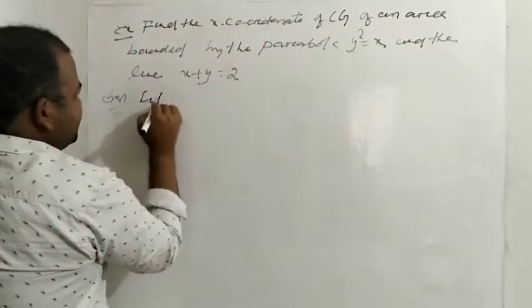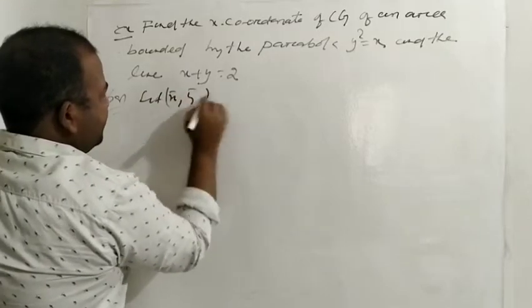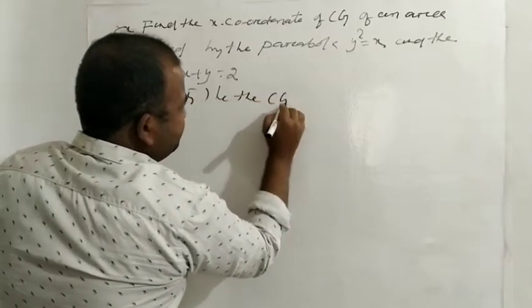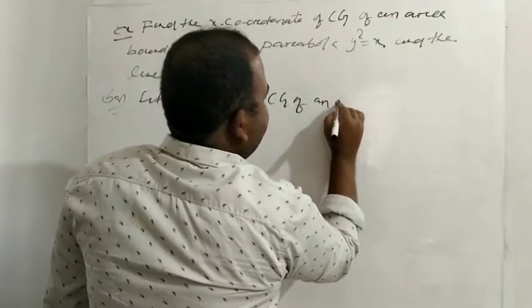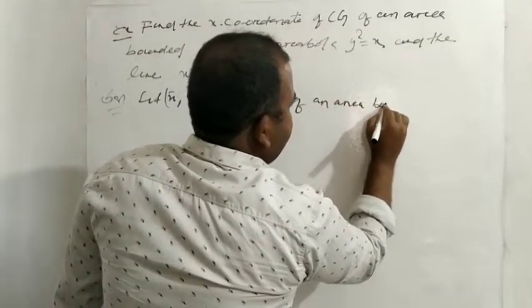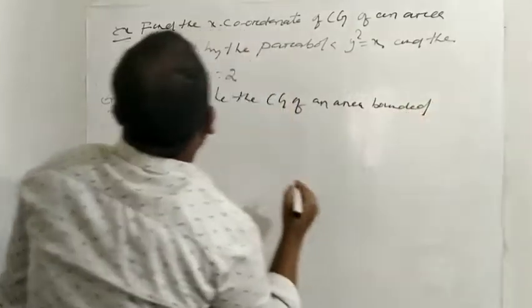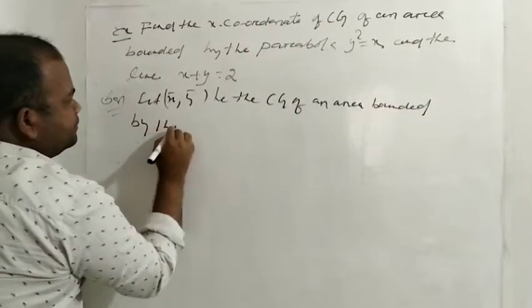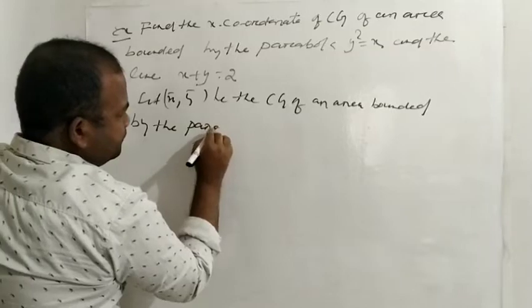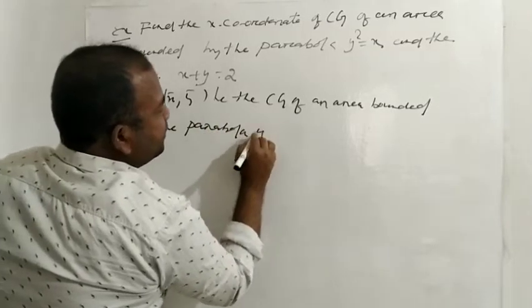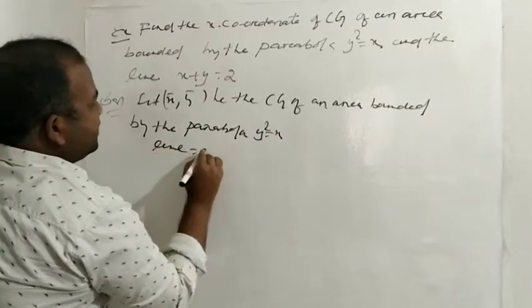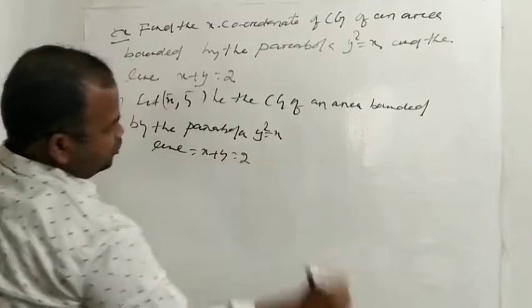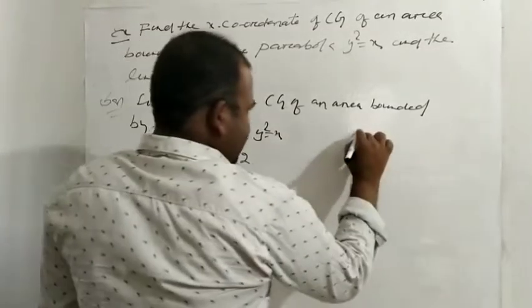Let x bar, y bar be the CG of the area bounded by the parabola y square equals x and the line x plus y equals 2. First, draw the diagram.